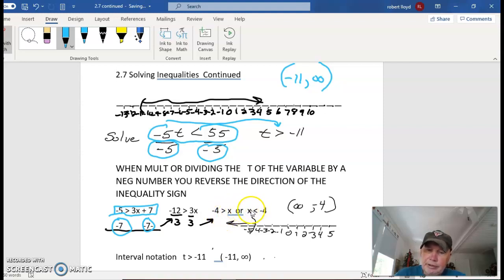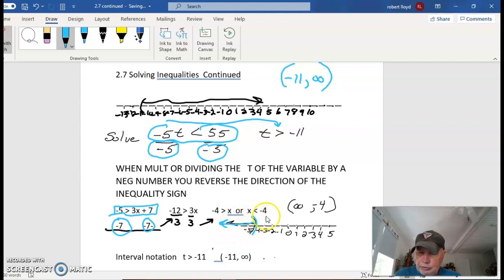So that means that x is less than -4. So when we graph it on the number line, we end up with a parentheses at -4, and it's less than that, so it's going in the negative direction.